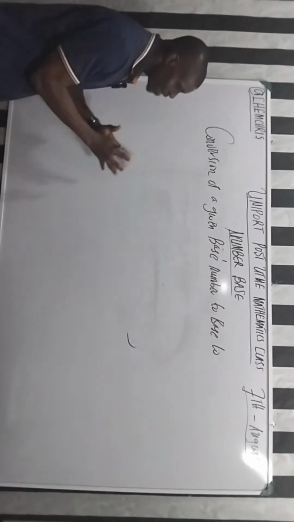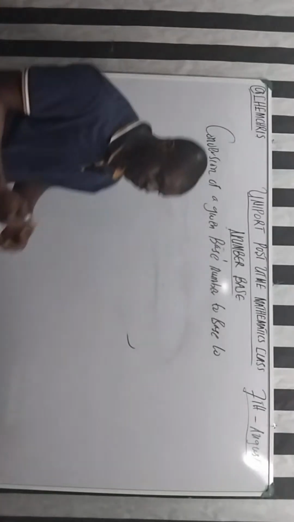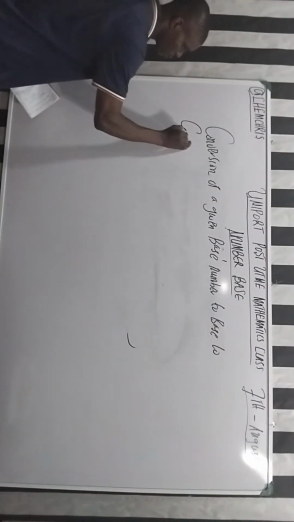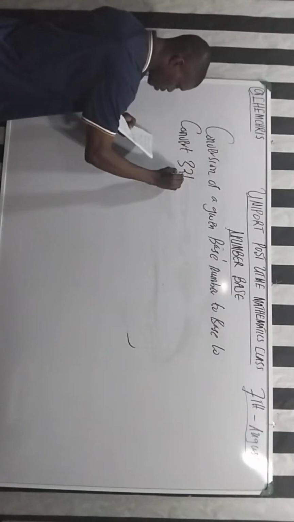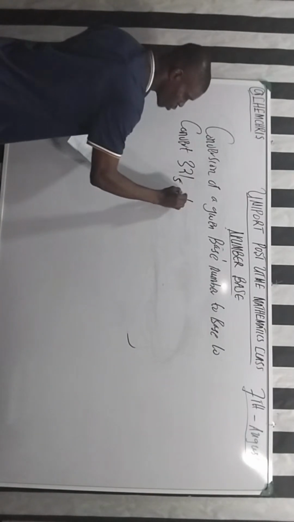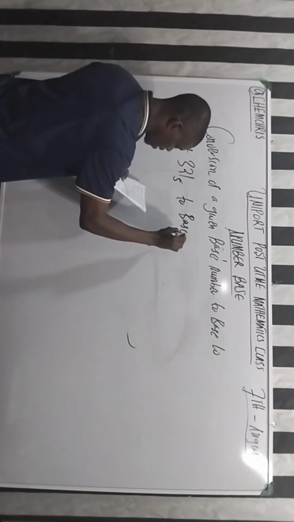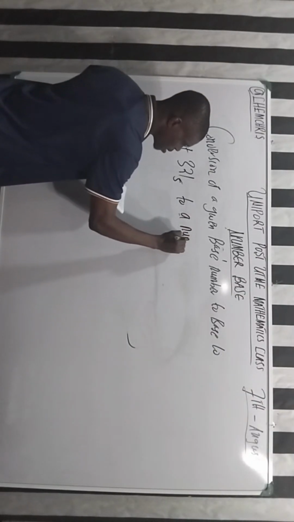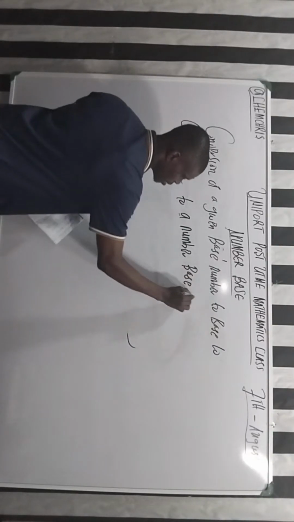If, for example, you have something like this, I want you to pay close attention. Let's take the first one here. They say convert 321 base 5 to a number base 10.